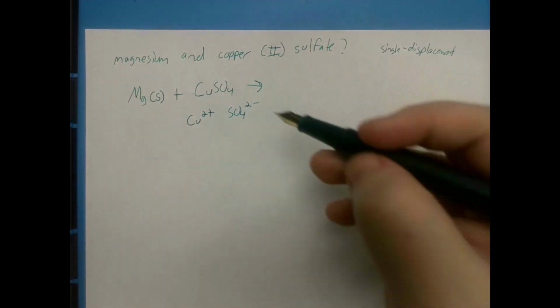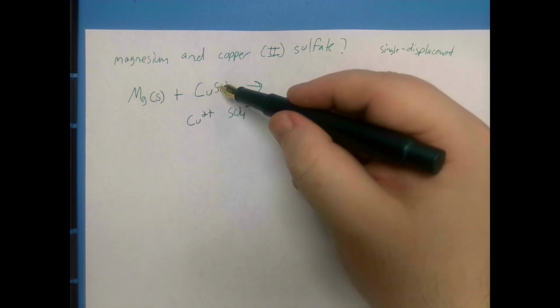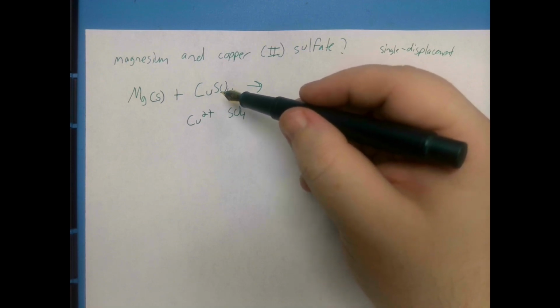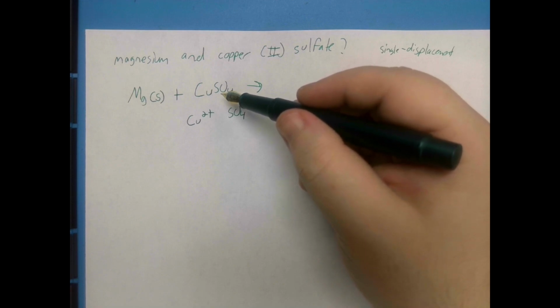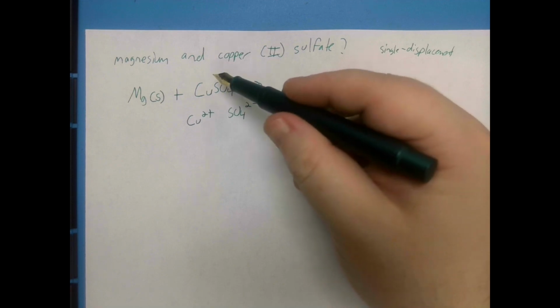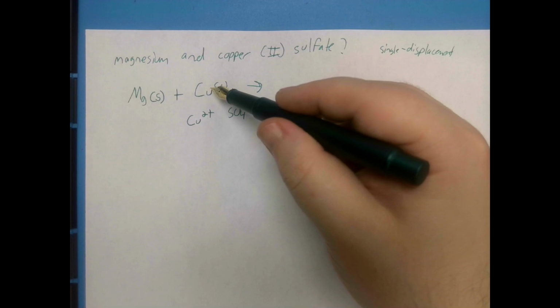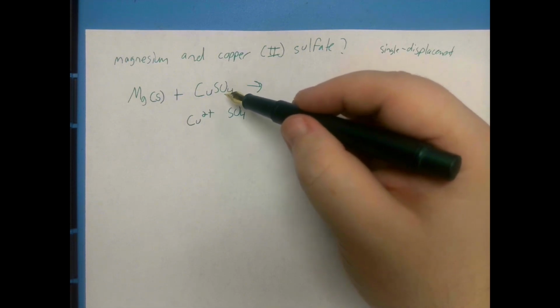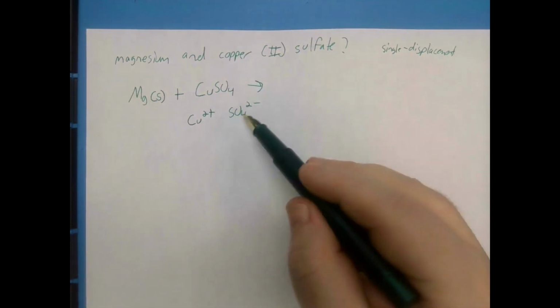And what state do you think copper 2 sulfate is in? Is this covalent or ionic? Covalent? Surely not. Wait, oh, it's copper. These are ions. Oh, ionic.